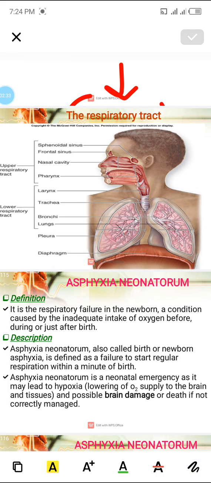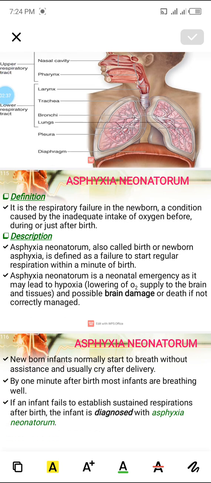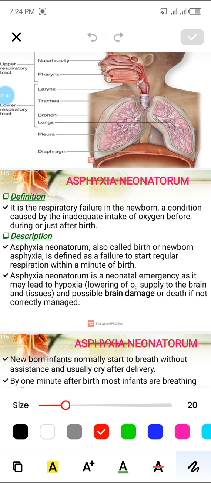Then let's look at the definition of asphyxia. What is important about this? If you look at the definition of asphyxia, this is respiratory failure in a newborn. So that should be number one: respiratory failure in a newborn.